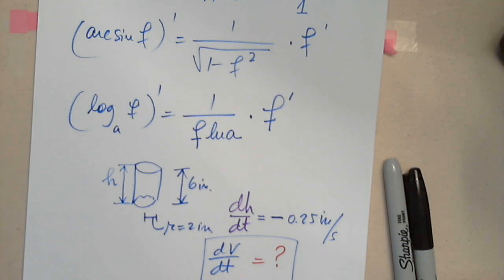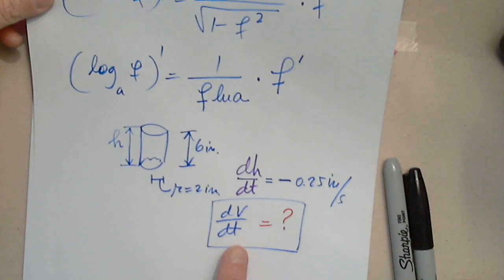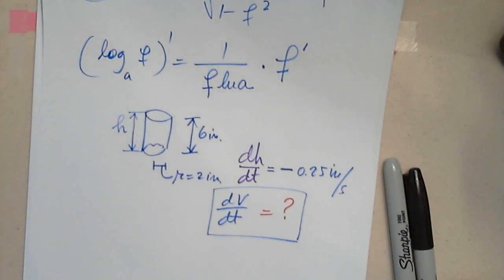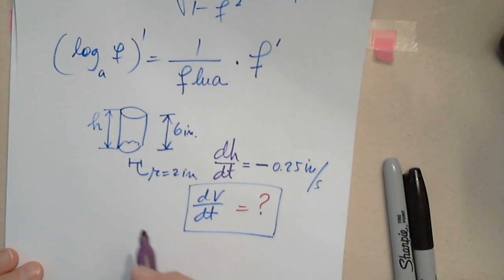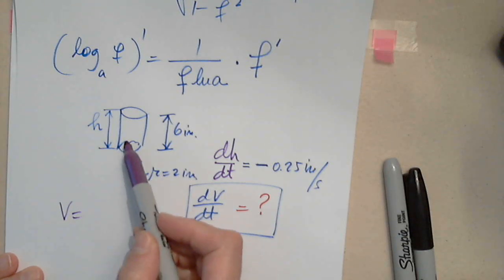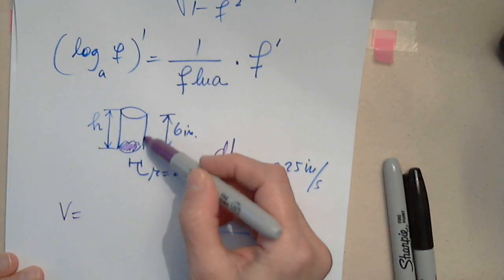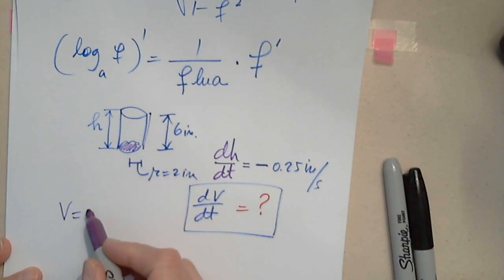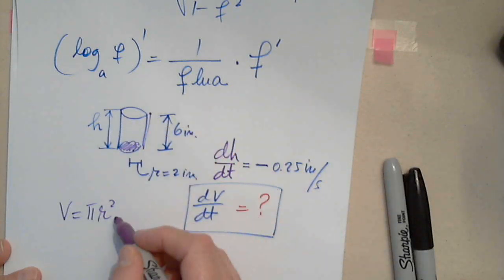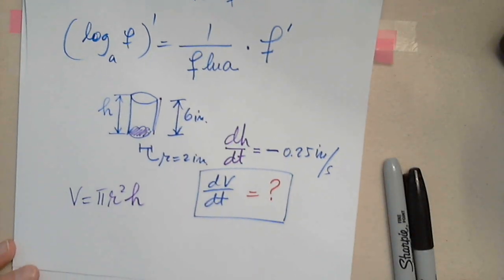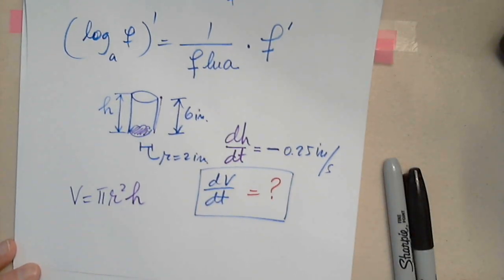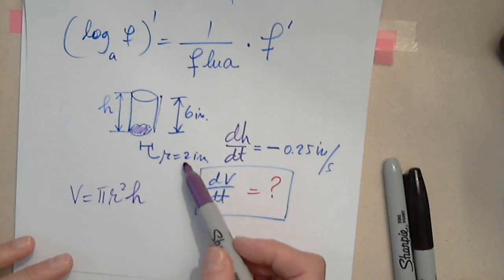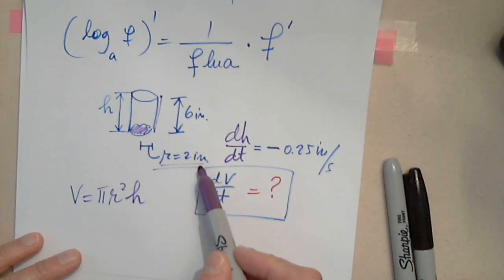Okay, so of course we have to start with the volume of the cylinder. And the volume of the cylinder, remember, is the area of the base times the height. The area of the base is pi r squared times the height, which is h. Now, the radius is completely fixed.